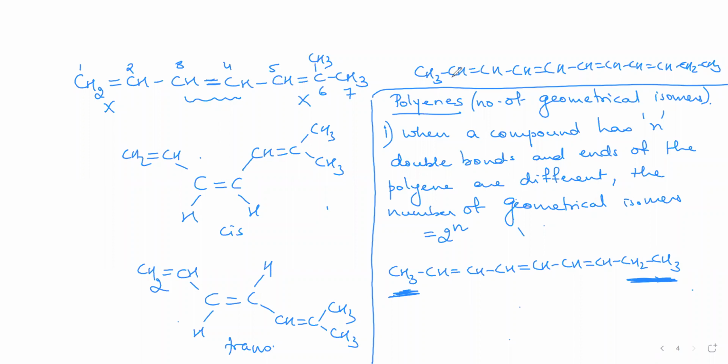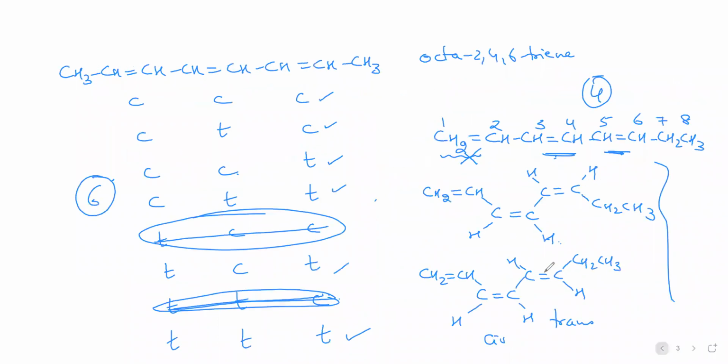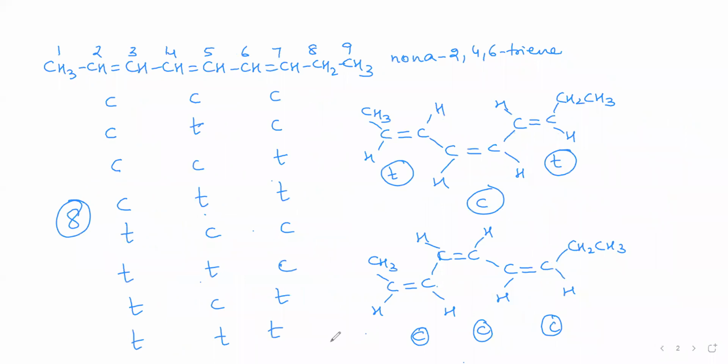So number of geometrical isomers here is 2 raised to n, where n is the number of double bonds. Give me the answer here. It is 2 raised to n, where n is the number of double bonds. So 8. I did this example already. Did we get 8? See here, I've got 8.